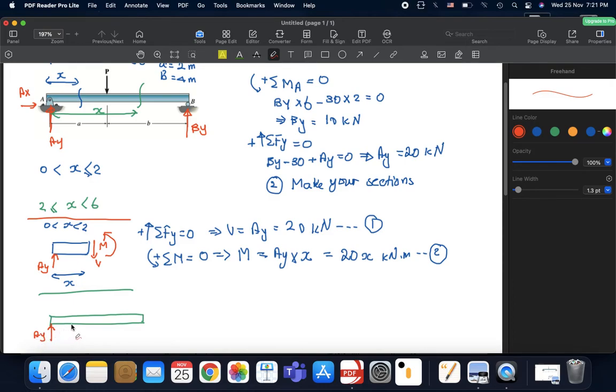So we have AY here, at a distance of 2 we have P, which is 30 kilonewtons, right? And this whole distance, as you remember, is x. So if this whole distance is x and this distance up to point P is 2 meters, then this distance from here to here is basically x minus 2. So this is x minus 2.